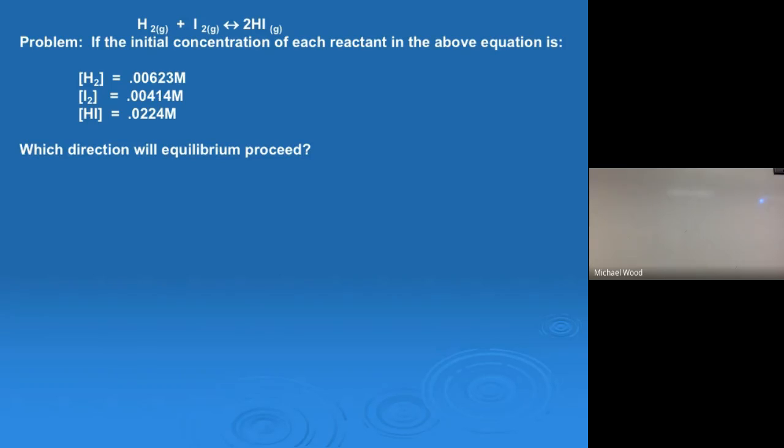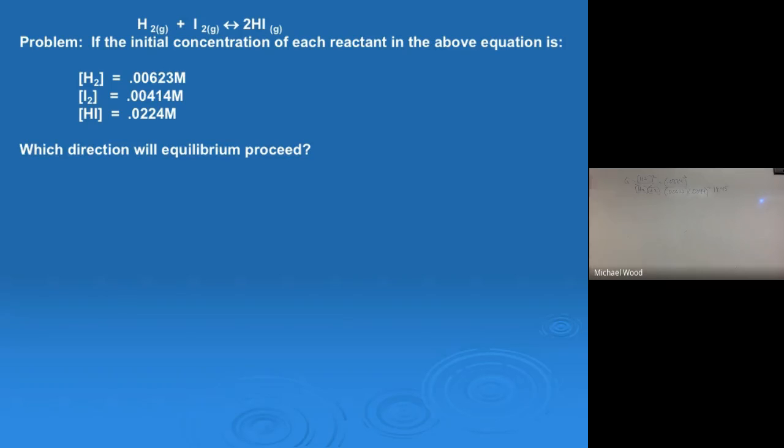This is a Q problem, which we do just like a K problem. I get 19.45. That's the value for Q.